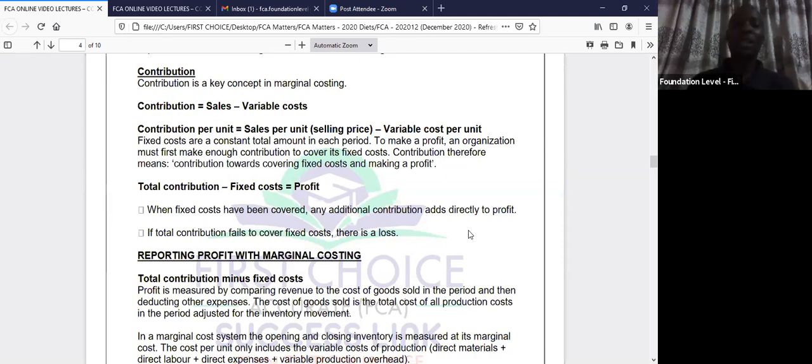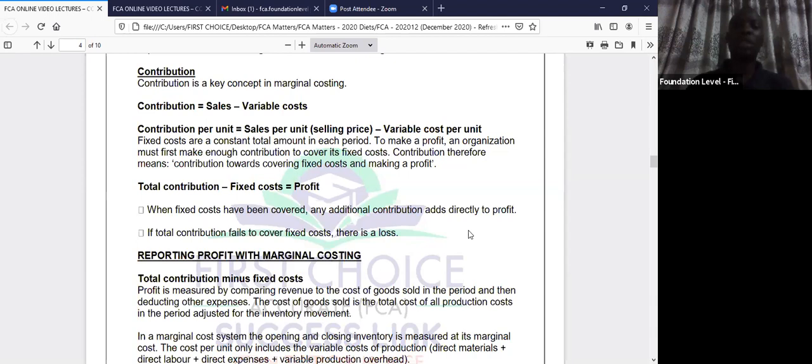Now, there are several ways in which we can get the contribution of a product. First one is by using sales minus variable costs. Now, when we say sales, we mean total sales revenue minus total variable costs. The second one is to get contribution per unit.